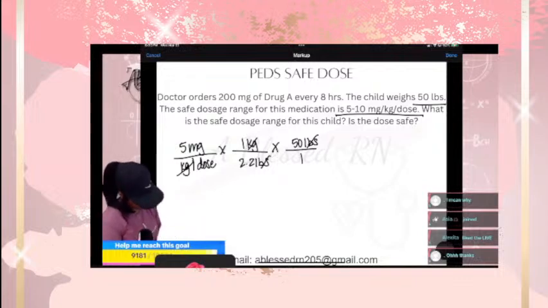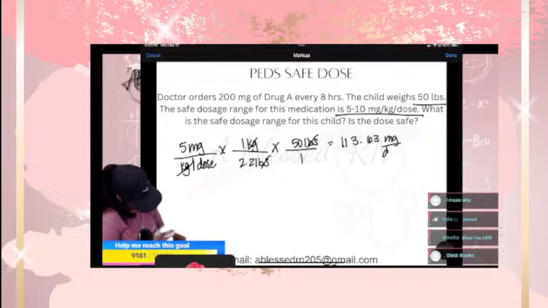All right. Milligrams per dose is what's left now. So we'll do 5 times 50 divided by 2.2. And that's going to be 113.63 milligrams per dose. And then we'll do the same thing with your 10.